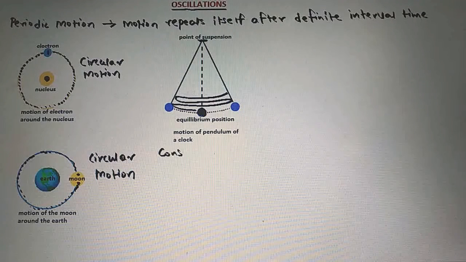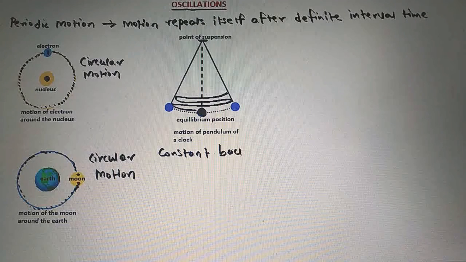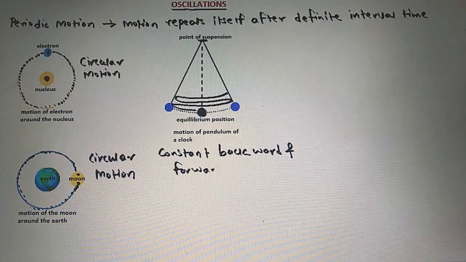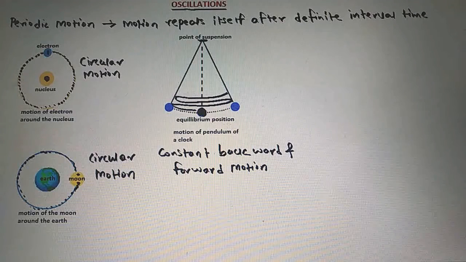This constant backward and forward motion of the pendulum repeats itself after a definite interval of time. So the motion of the pendulum of a clock is a periodic motion, because the pendulum repeats its motion after a definite interval of time.